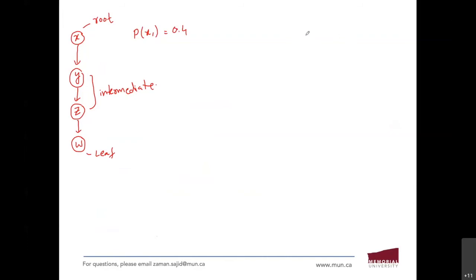Okay, let's consider all nodes as binary. So by that I mean there are two states associated with each node.